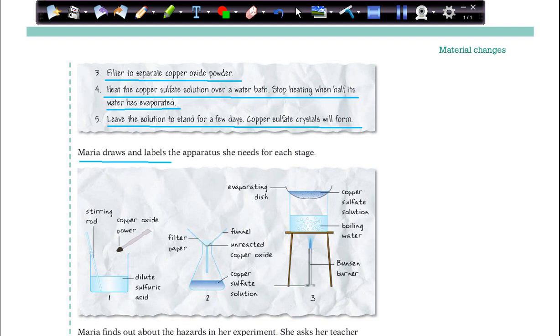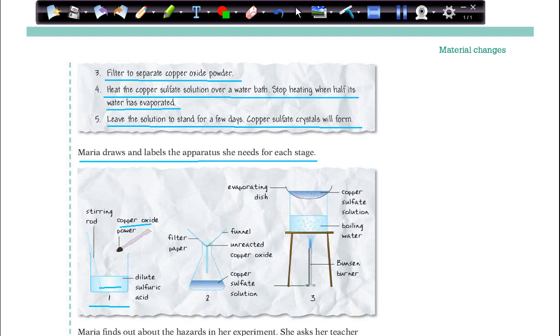Maria draws and labels the apparatus she needs for each stage. So here, first step, she wants to mix dilute sulfuric acid with copper oxide powder, but when she measured 25 cubic centimeter with a measuring cylinder, then she poured it in a beaker.